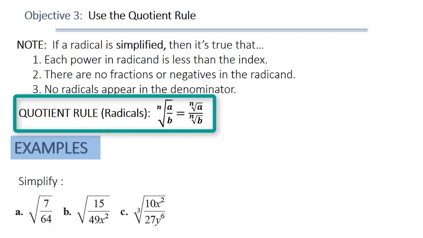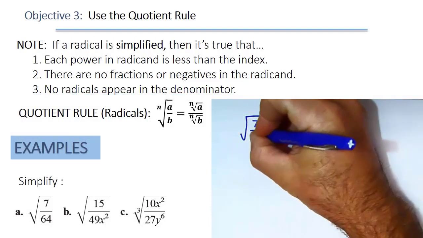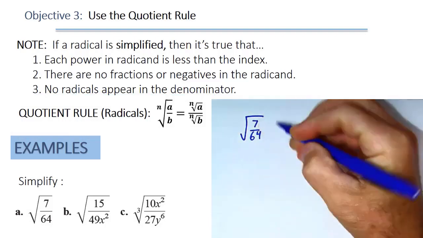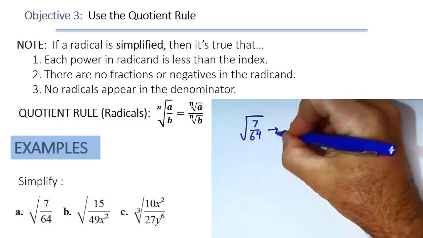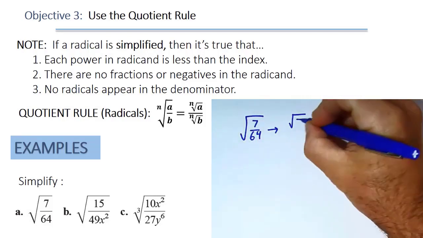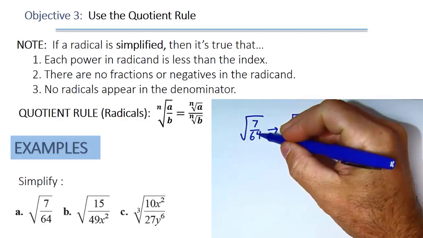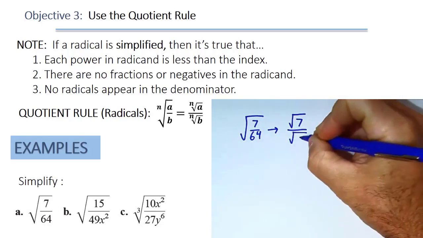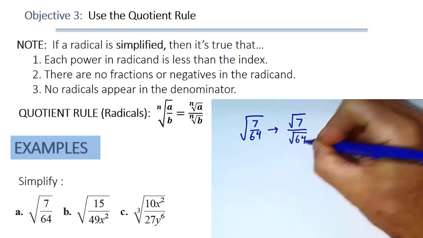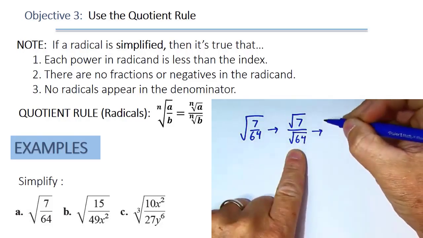Let's take a look. The square root of 7 over 64, that violates our second criteria. We got a fraction in there, we can't have it. So all we do is we apply the quotient rule and say, oh, a square root of a fraction is just the fraction with those square roots. That becomes the square root of 7 over the square root of 64, and that's good news because we know what the square root of 64 is.